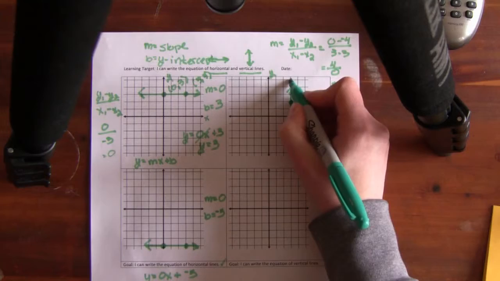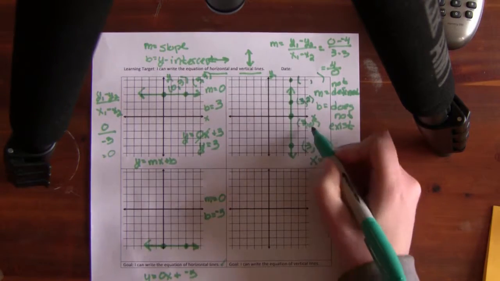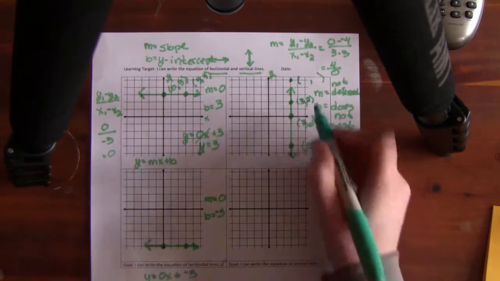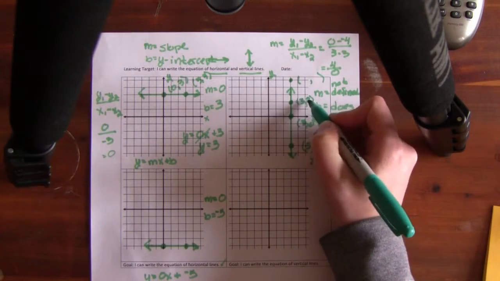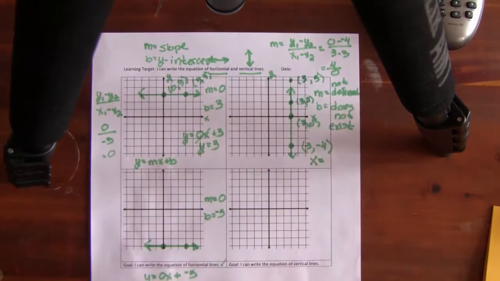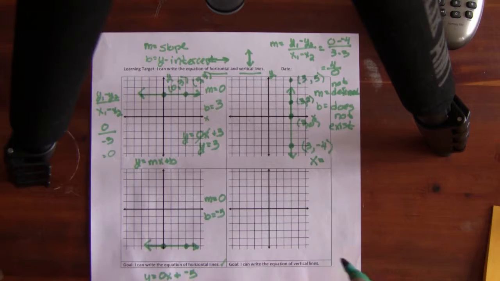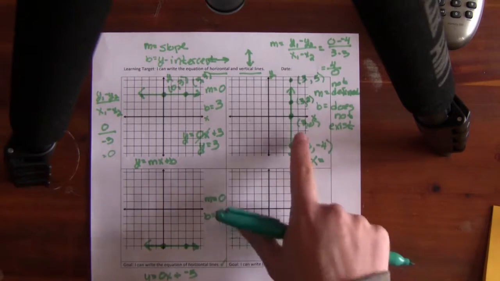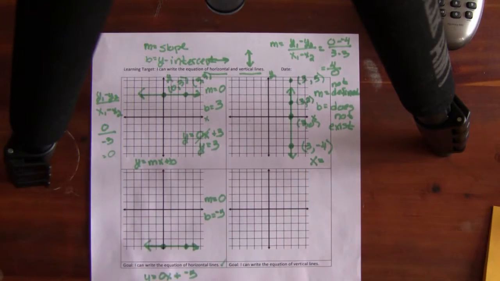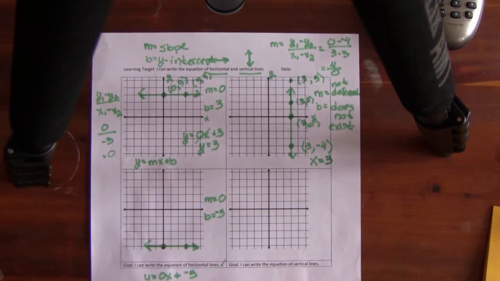If I put a point way up here, y is going to be different, it's not negative 4, not 0, not 2, it's going to be 5, but x is still going to be 3. X is always 3. So when you write the equation of a vertical line, we just use whatever x coordinate is always the same. In this case, it's just x equals 3.